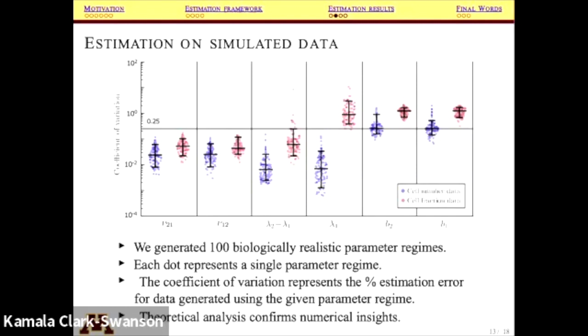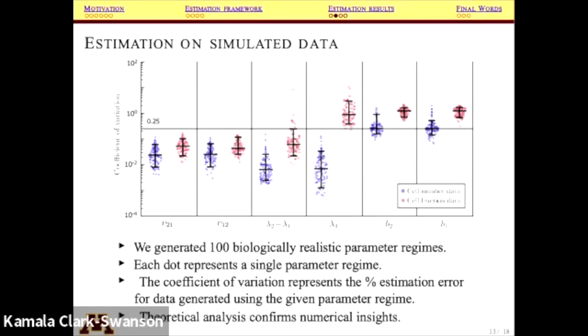For cell fraction data, however, we can estimate the switching rates pretty well. The difference in the net birth rates, so lambda 2 minus lambda 1, is estimated worse, and actually a lot worse in many cases. And the remaining parameters, so the net birth rate lambda 1 and the birth rates, we can't estimate those accurately at all in any of the parameter regimes.